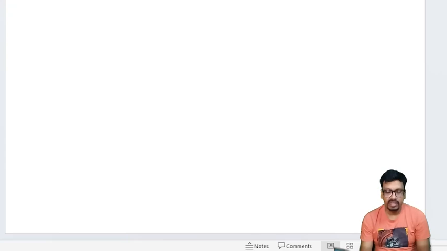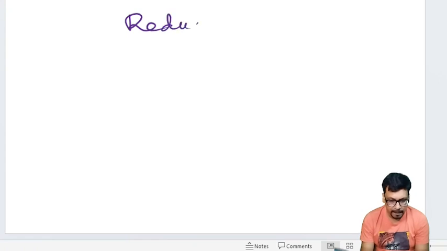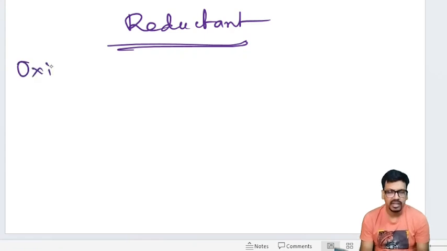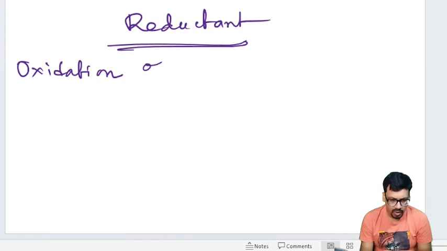Now I discuss the equivalent weight of some reducing agent, reductant. That means the reductant itself oxidizes. Okay, oxidation of oxalic acid.